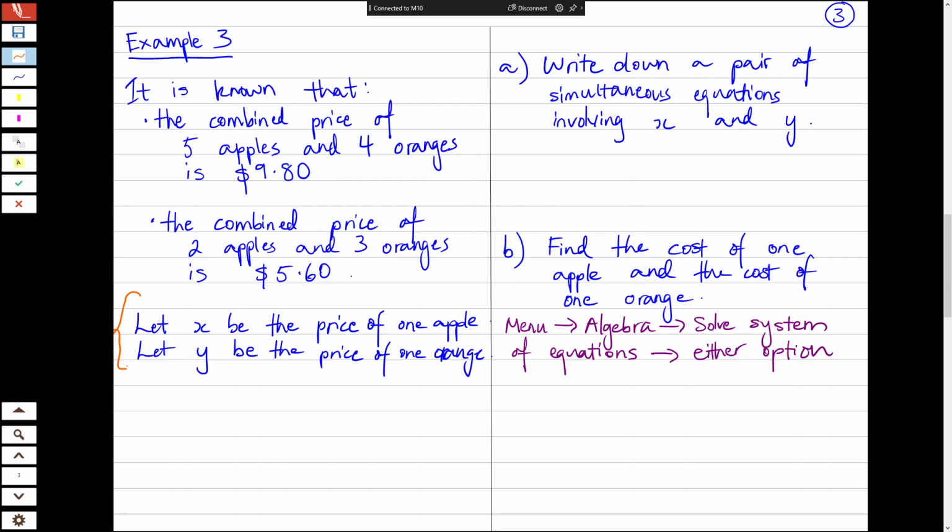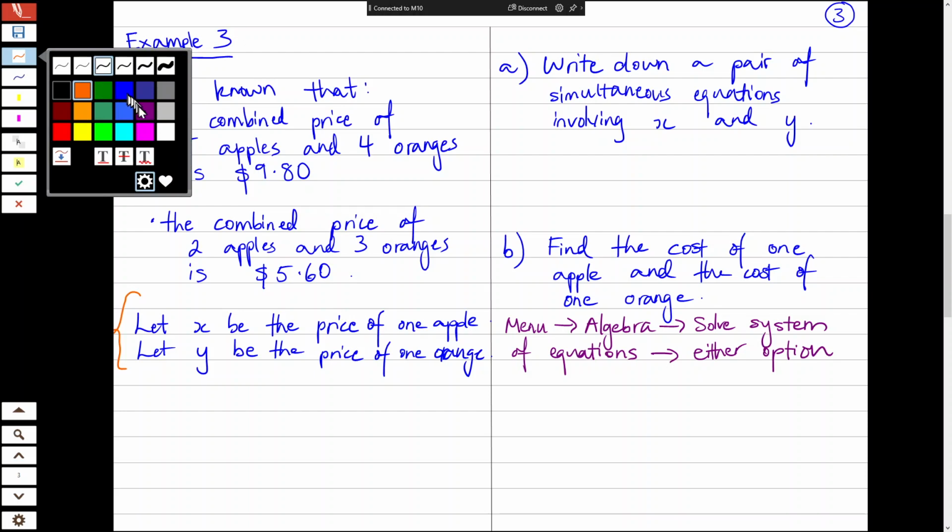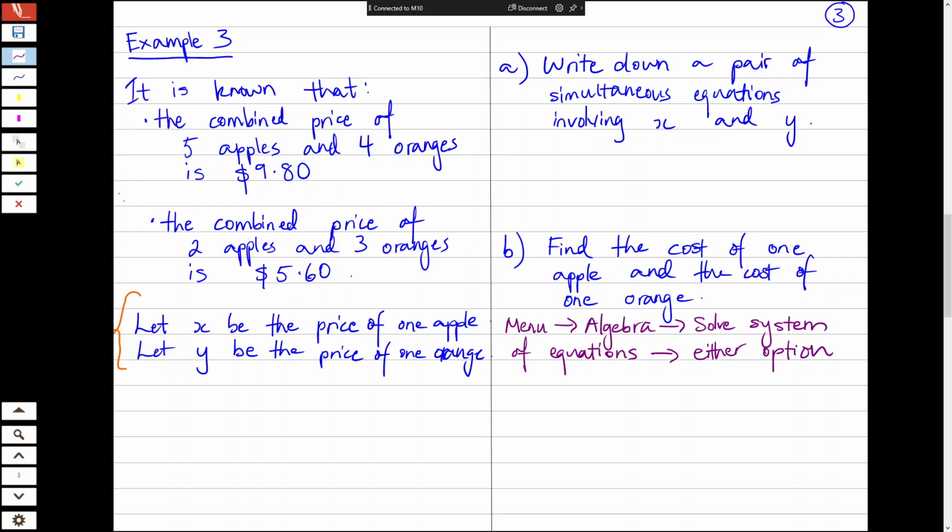So think about what we just did. Can anyone propose an equation that we could write down? Maybe using the first dot point. Don't try trial and error. I just want an equation.